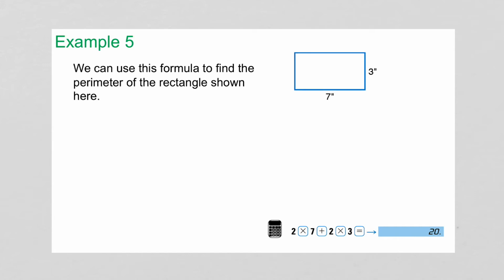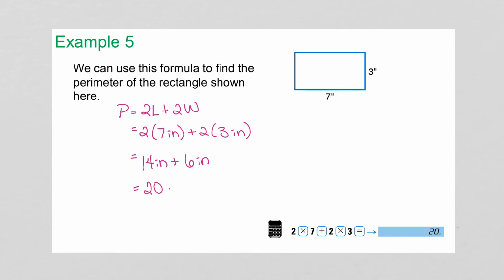Okay, so let's find the perimeter of this rectangle using the formula. So it'd be 2 times 7 plus 2 times 3, or 20 inches is the perimeter of this rectangle.